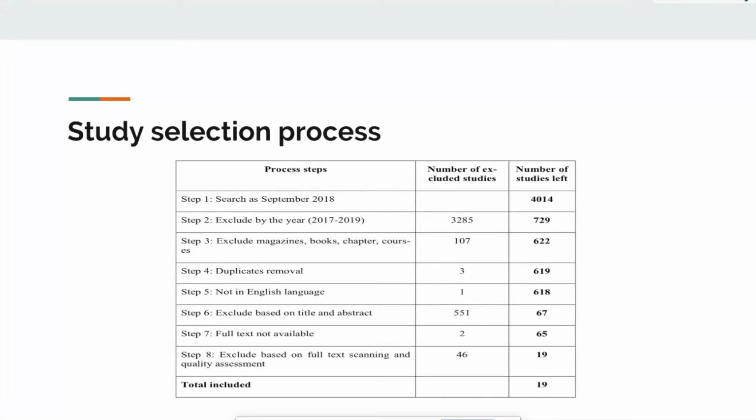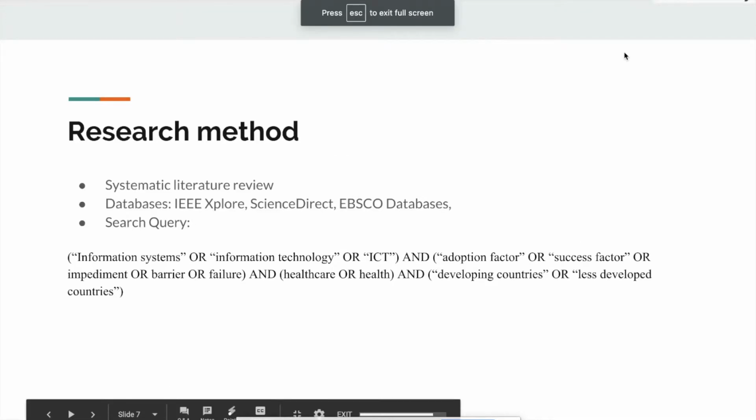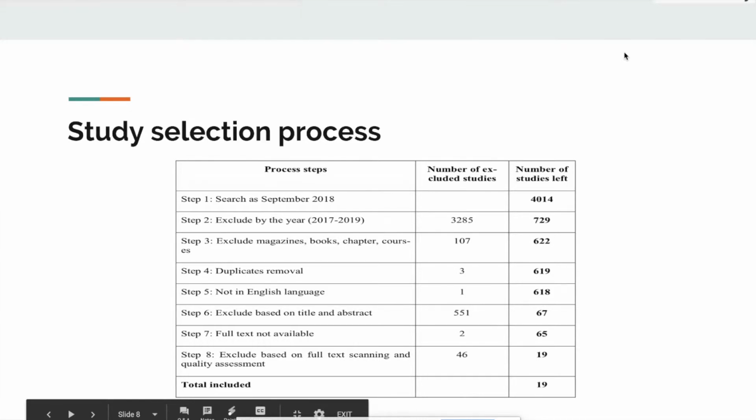Study selection process. After formulating the search query, I performed a search on my selected databases, and in the first phase, I got around 4,000 studies. The number is 4,014 studies.